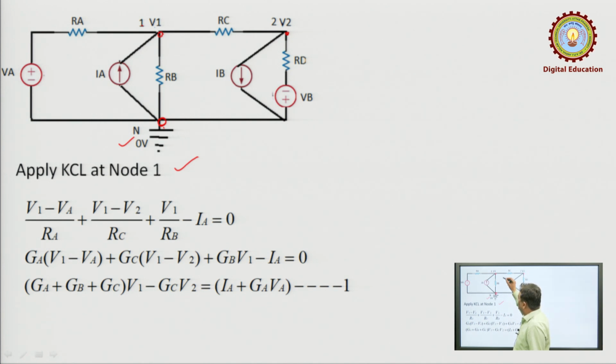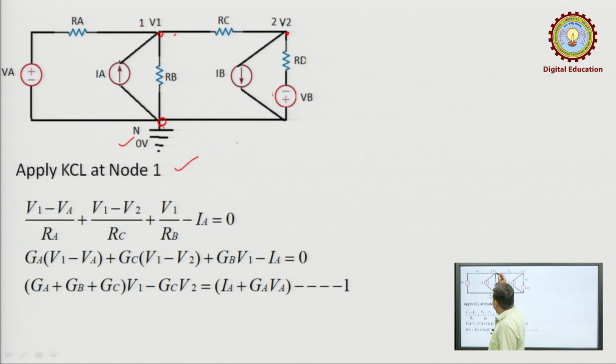Let us write KCL at node 1. While writing KCL at node 1, we will assume that V1 is greater than all other node voltages, so that it supplies current in the outward direction. How many branches are there? 1, 2, 3, 4. These 4 branches are connected to node number 1, so we will have to sum 4 currents. What will be the current in the first branch?